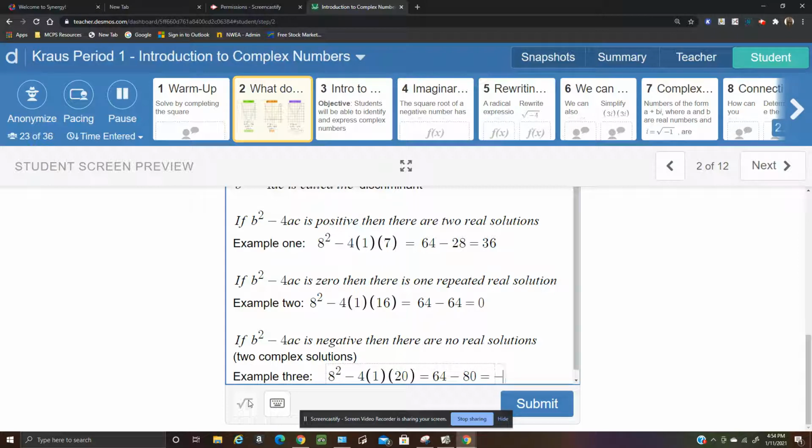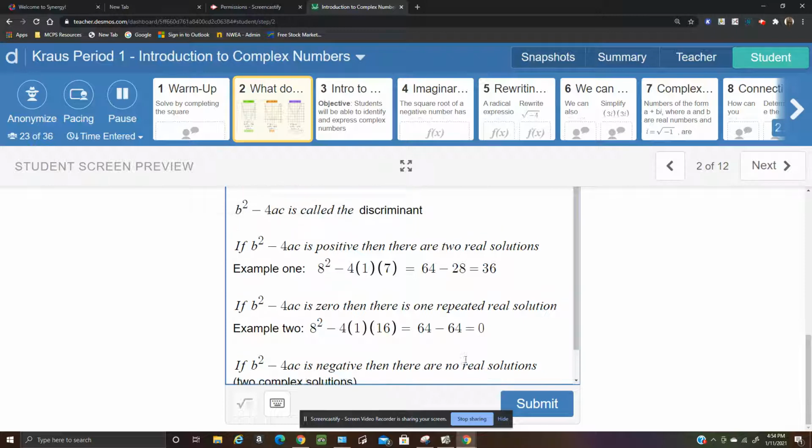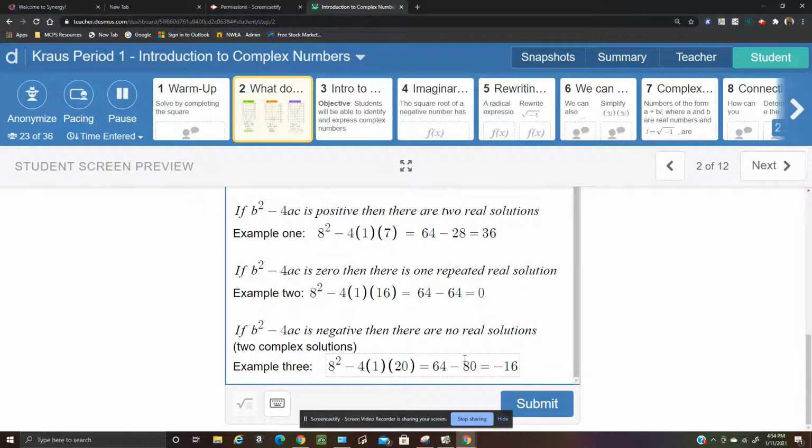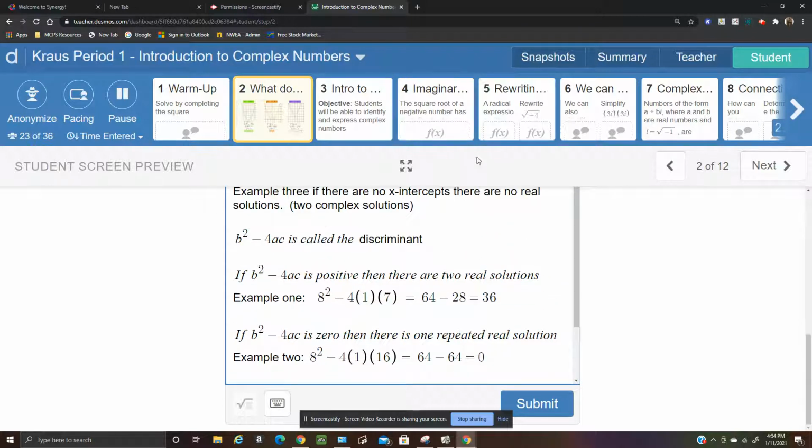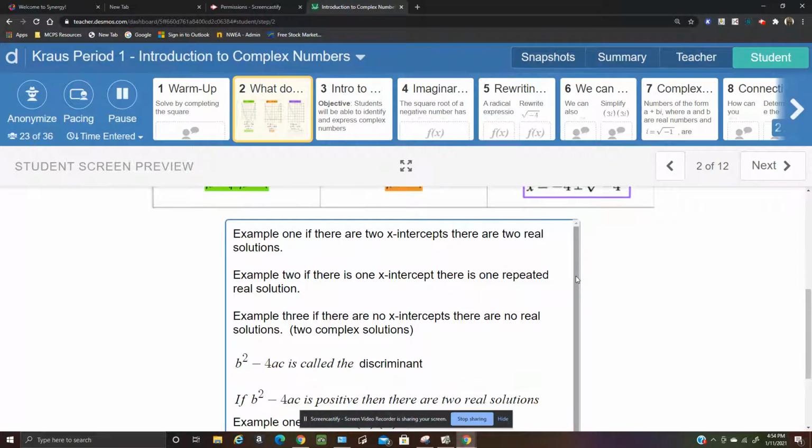So negative 16. There's no real solutions there. But the most important thing about this slide is this. 2 x-intercepts, 2 real solutions, 1 x-intercept, 1 real solution. No x-intercepts, then no real solutions.